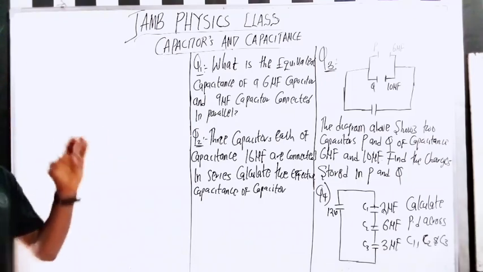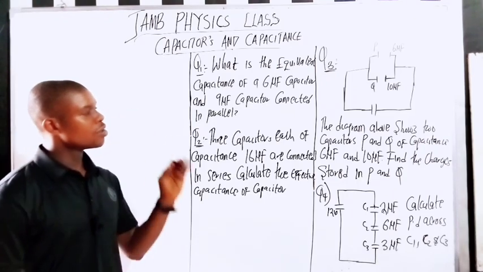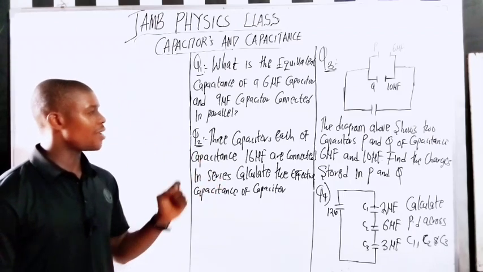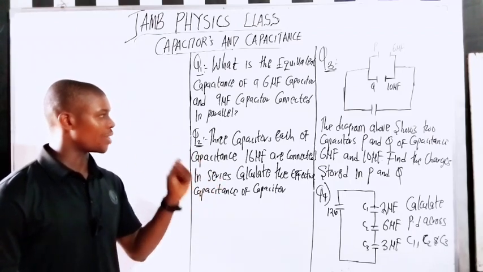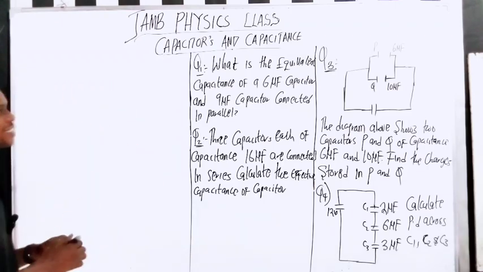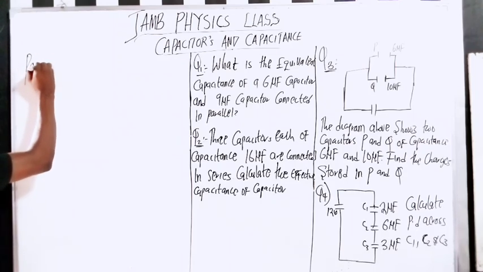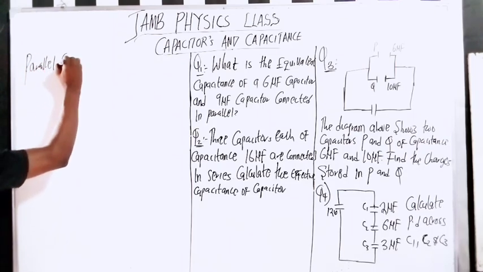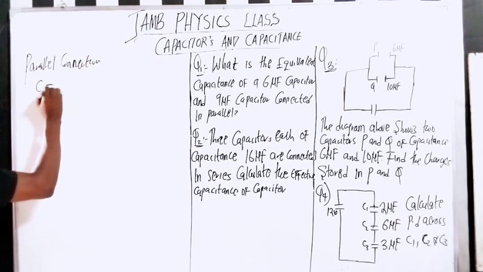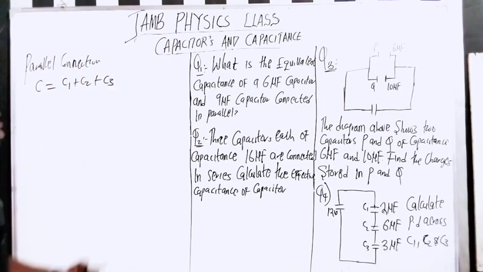They say, what is the equivalent capacitance of a 6 microfarad capacitor and a 9 microfarad capacitor connected in parallel? So remember, when capacitors are connected in parallel, C equals C1 plus C2 plus C3, but here we only have 2.